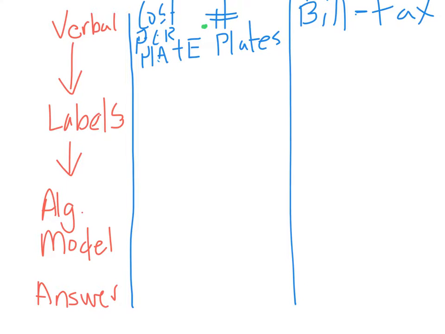The cost per plate is $2. The number of plates we don't know. We're going to use P for that.